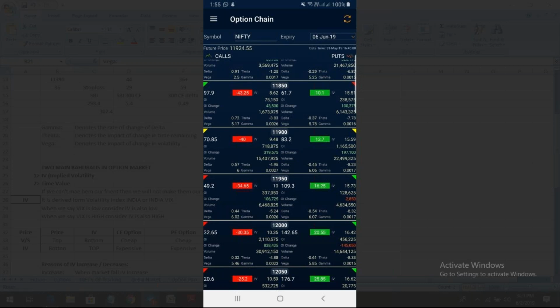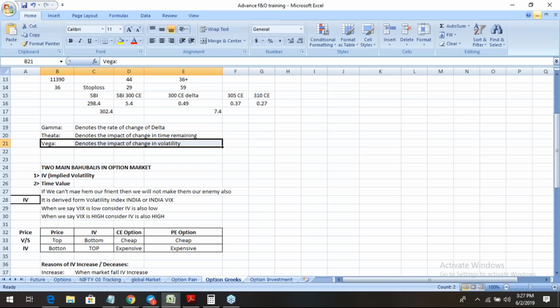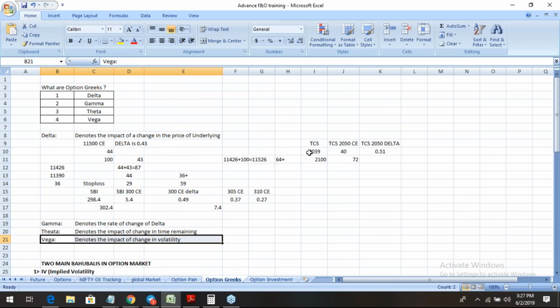Just wait. We are yet to go to the chart. But my motto is to make you understand. The main things are delta and gamma, because these two things we cannot calculate. I am also not looking at these two. I'm calculating only delta.